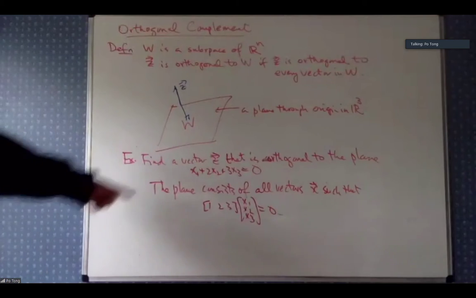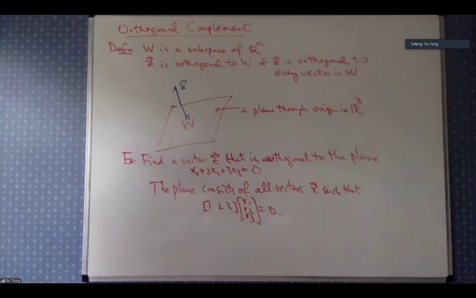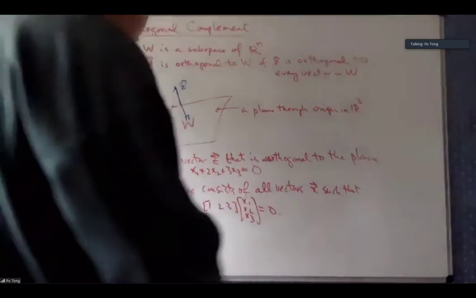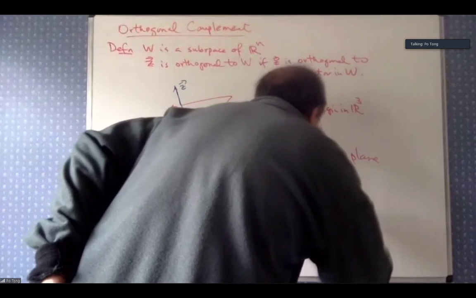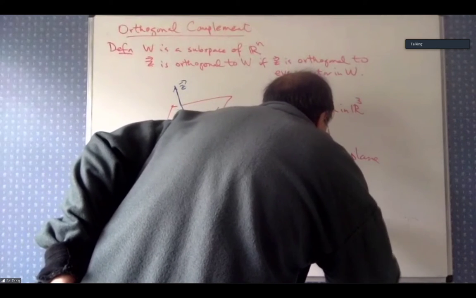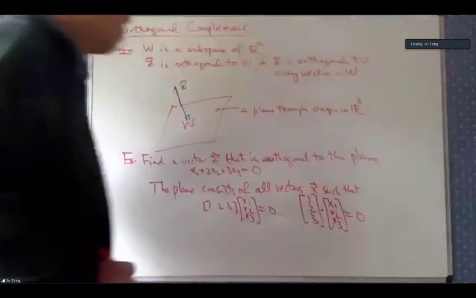That's what it means, right? So this one can be written like this in matrix form, and that also means (1, 2, 3) dot (X1, X2, X3) equal to 0.